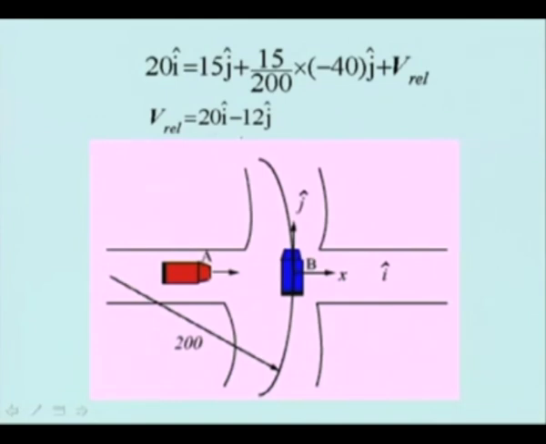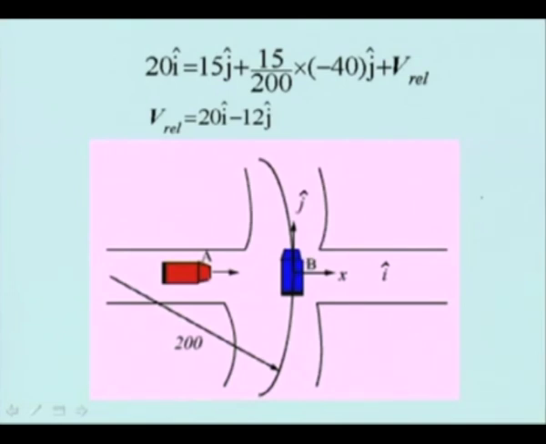Therefore, solving this, we get V rel is equal to 20i minus 12j. This is the velocity of car A as observed by the person sitting in car B.